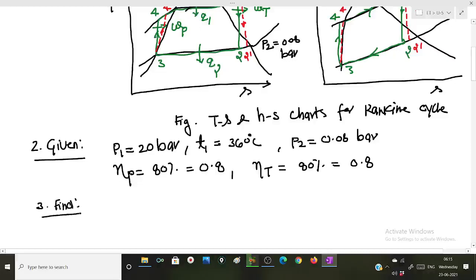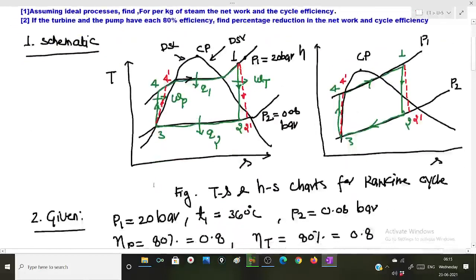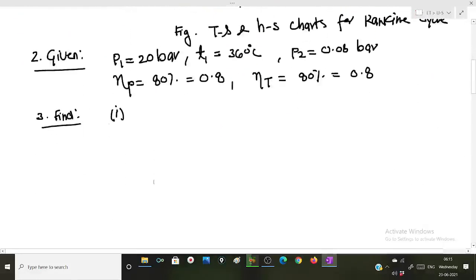Let us enlist what we are supposed to find out. In case 1, we are supposed to find out, for ideal processes, the net work and the cycle efficiency. Also, we have been given that the mass flow rate of steam is to be considered as unit, that is 1 kg per second.